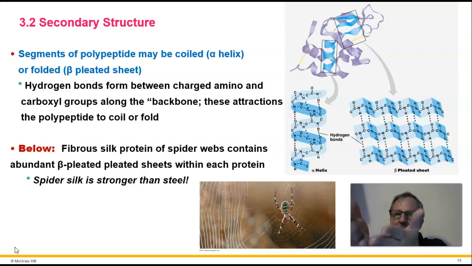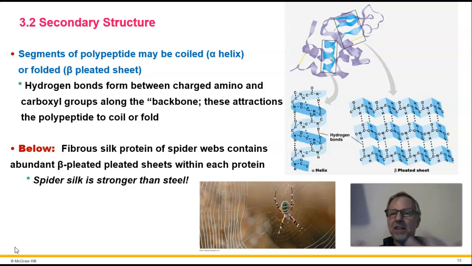I've included a figure on the upper right-hand side of your slide, and it shows a twisted ribbon-like structure that is a polypeptide. There are two parts in that polypeptide that are highlighted in blue. One part is coiled, showing you an alpha helix, and another part is folded, showing you pleated sheets.